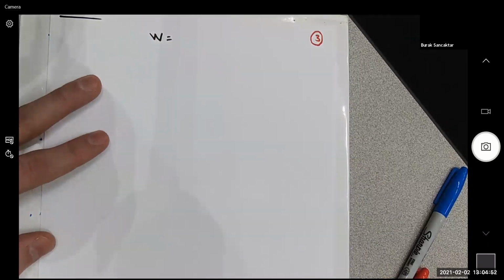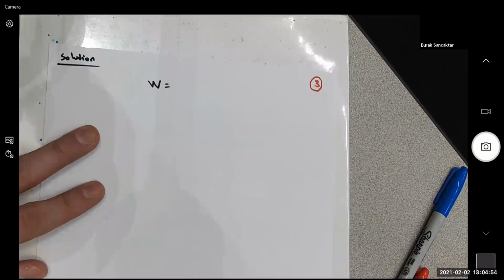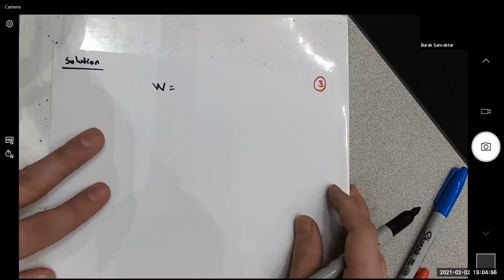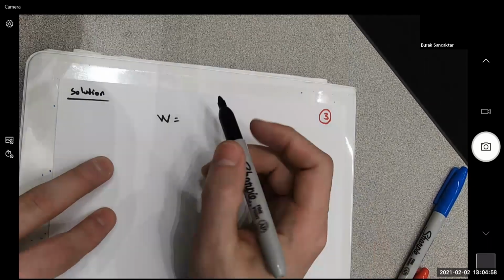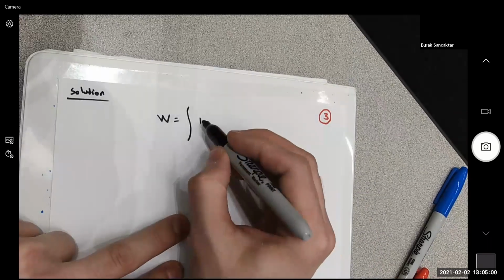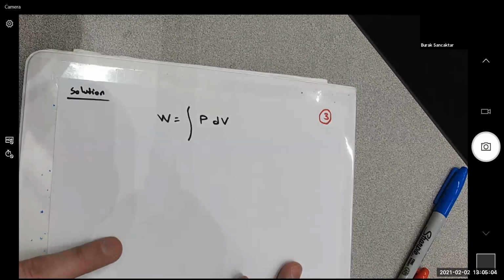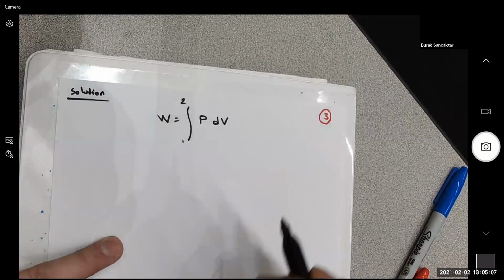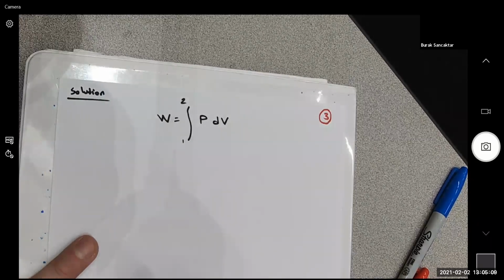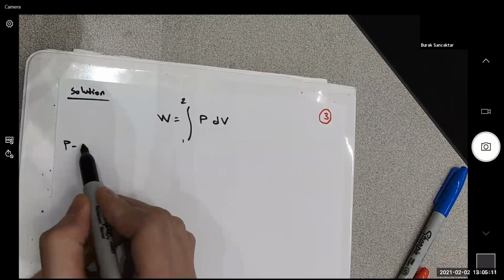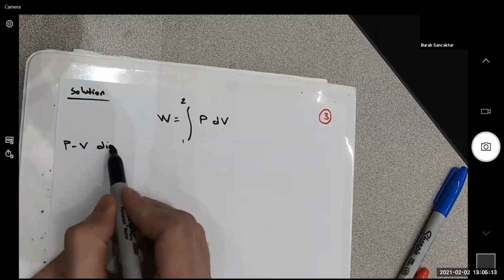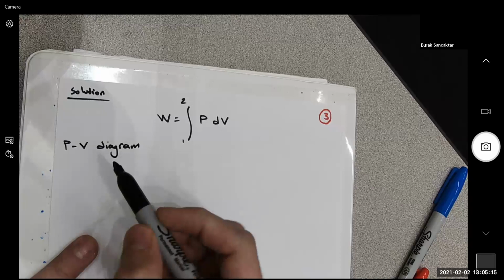Work equals integral of P dV from state 1 to state 2. Right? You're asked to sketch the PV diagram.